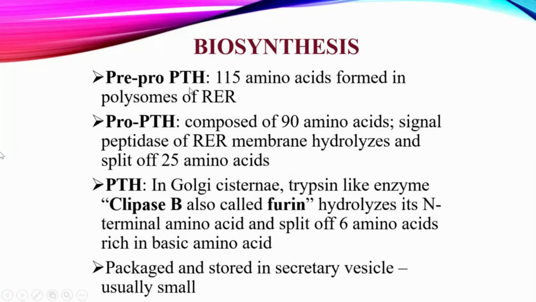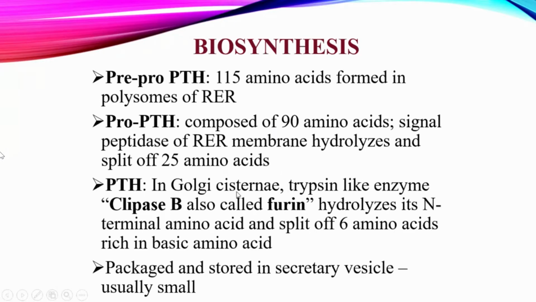As pre-pro parathyroid hormone, it contains 150 amino acids and is synthesized in the polysomes, the ribosomes of the rough endoplasmic reticulum. After that, it enters the endoplasmic reticulum, where the 25 amino acid sequence is removed, and it contains 90 amino acids.